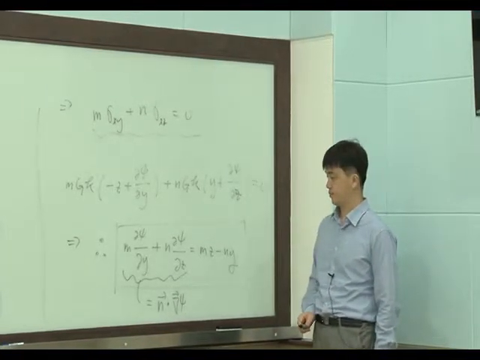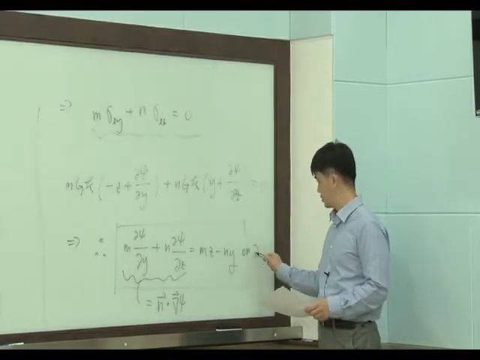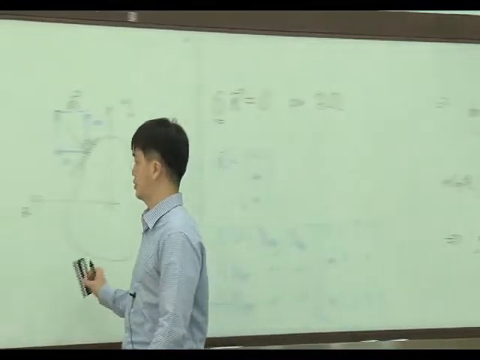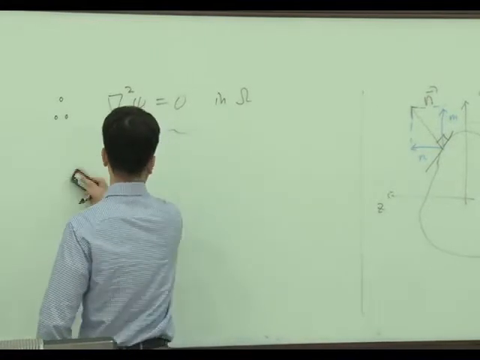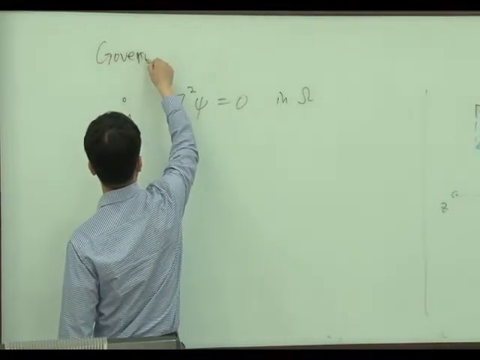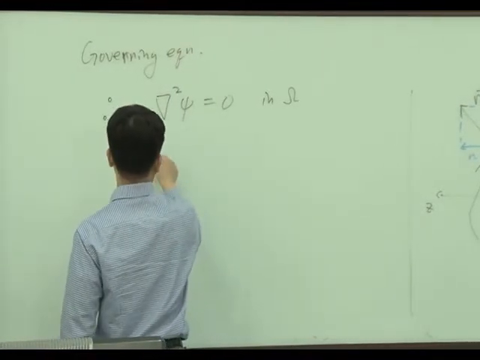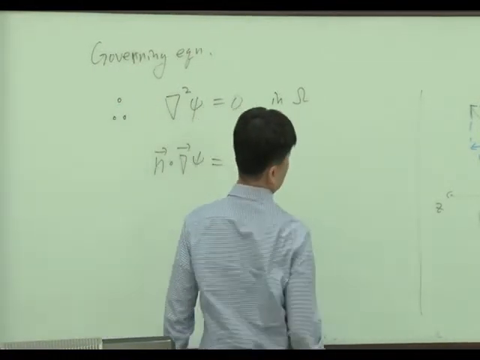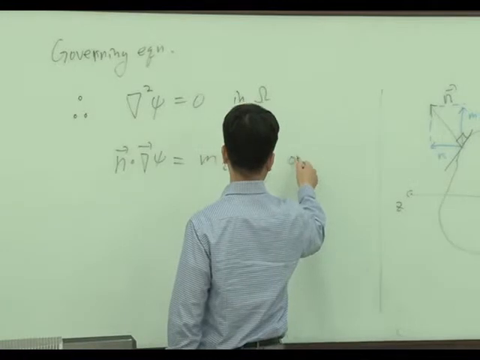Same, on the surface. So finally, we can find the governing equation. The equation is that the normal derivative equals m z minus n y on the boundary.